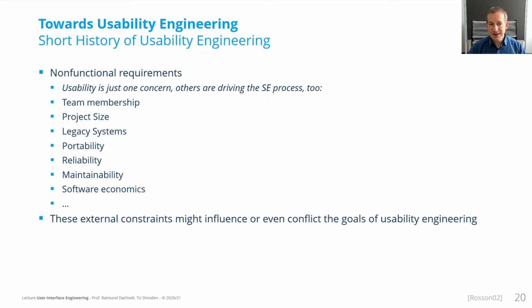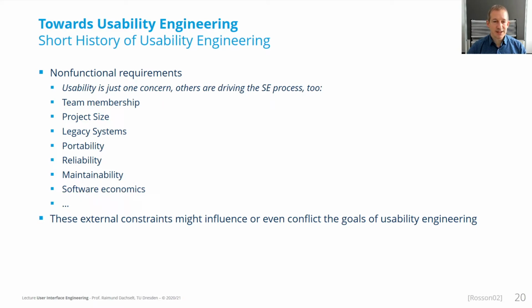Non-functional requirements are anyway important for any software system, and usability, just to say that and to not overestimate and overrate it, is just one concern. It means usability is an important aspect of any non-functional requirement, but also project size, involvement of legacy systems, portability, reliability, maintainability, software economics.